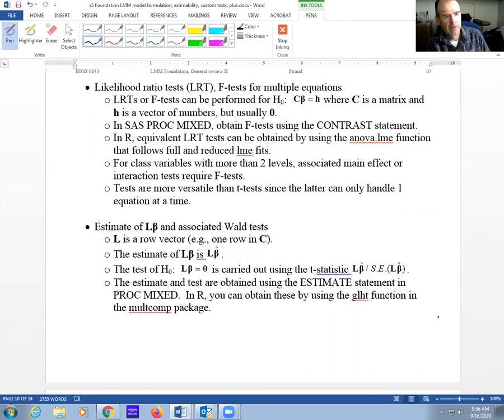If you have multiple equations, like a test for the interaction, which usually has multiple degrees of freedom, then you have to make a C matrix that has a number of rows in order to conduct that test. And then you'd use an F test.